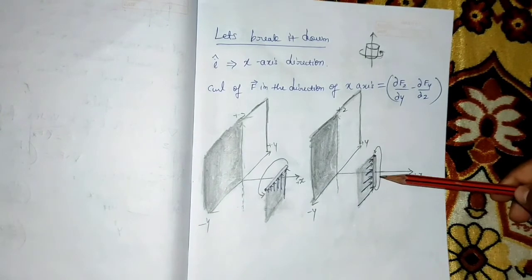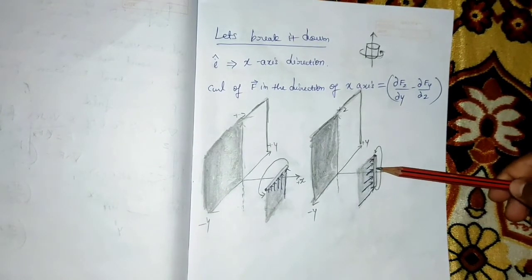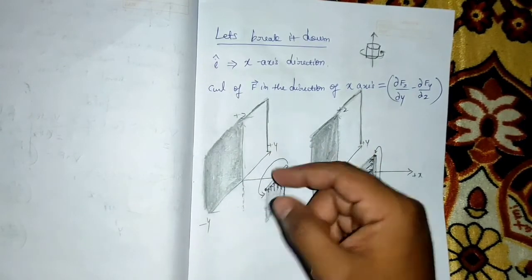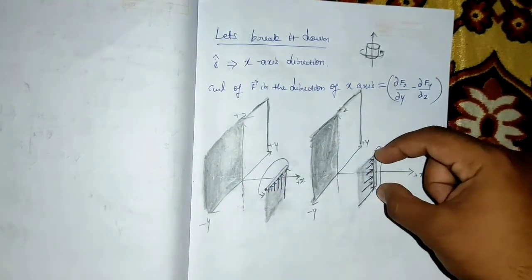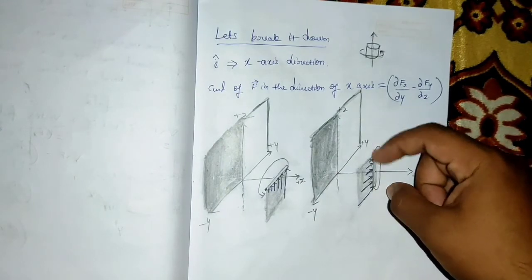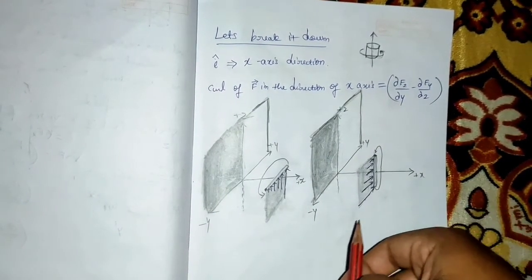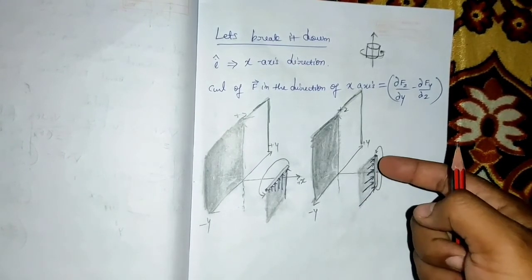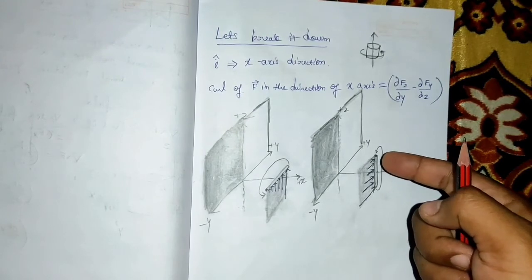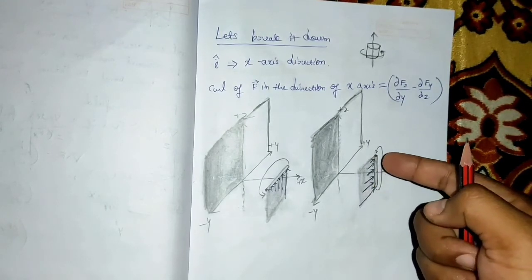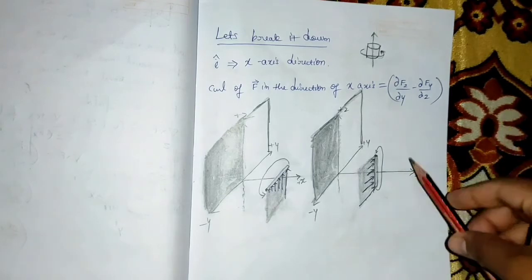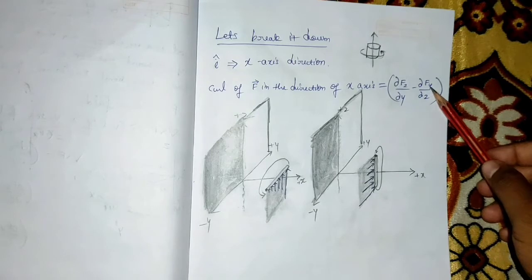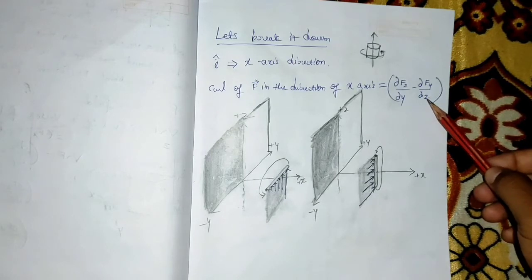Now there is one more gradient which is needed to bring the stick to the earlier position, which is parallel to the y-axis. Because of the first gradient, the stick became parallel to the z-axis. Now there is one more gradient responsible for making the stick rotate by another half, so the stick will become parallel to the y-axis. That gradient is this term: the rate of change of Fy, the force along the y-axis, with respect to z.